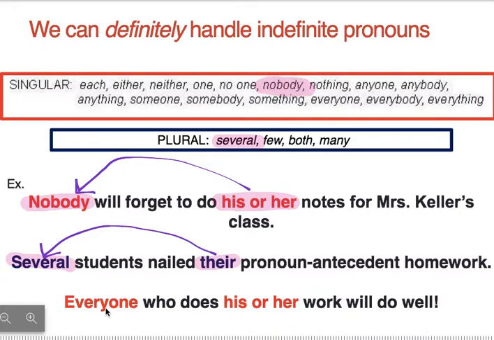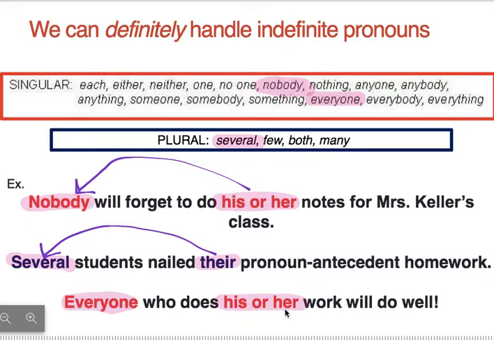Everyone who does his or her work will do well. So everyone is our antecedent. Again, this is singular. So you want to think about it as saying every one person who does his or her work will do well. His or her, this pronoun agrees because every one person is singular.